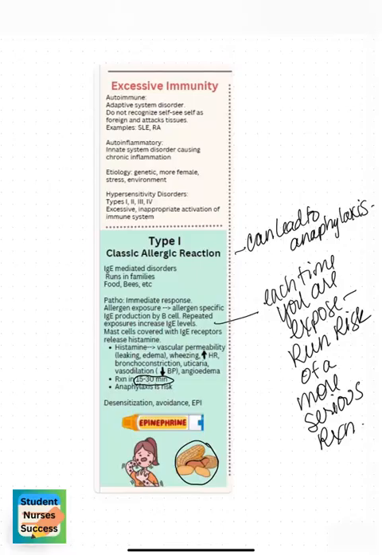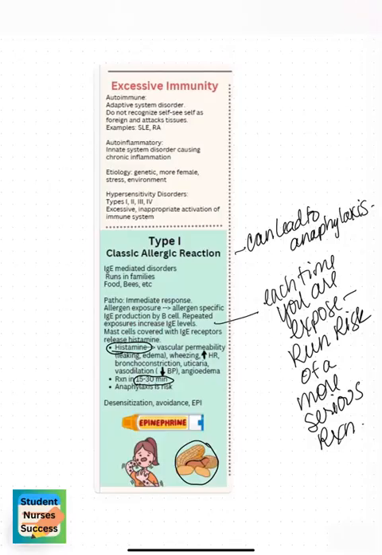You're going to become tachycardic as a compensatory response. And you're also going to see massive vasodilation from the histamine. So this histamine is really responsible for a lot of the symptoms that you see in type 1 classic allergic reactions. That vasodilation is going to drop your blood pressure and make you hypotensive.